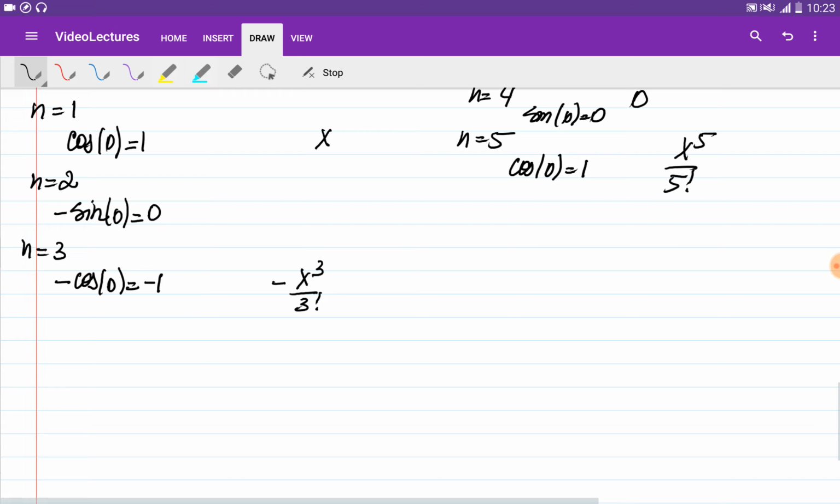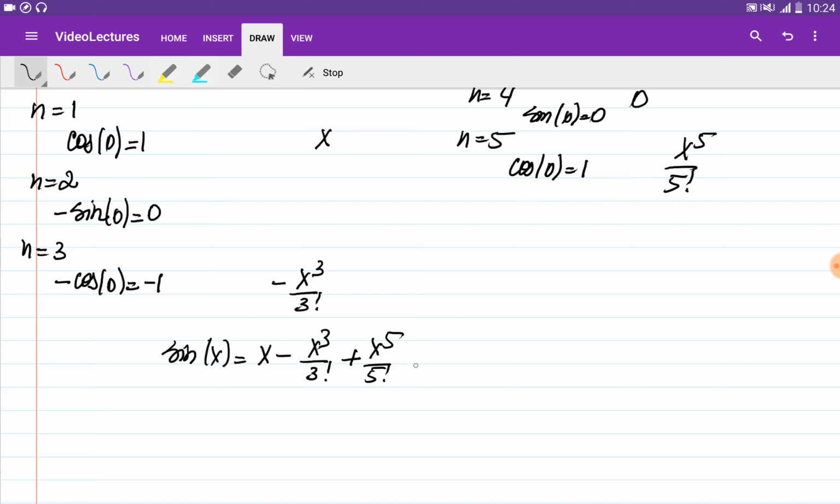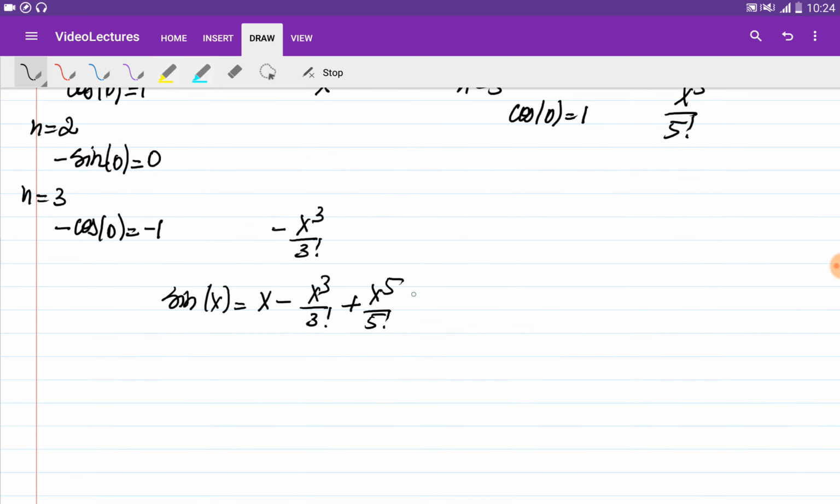So you might guess that sine of x can be written in the form x minus x cubed divided by 3 factorial plus x to the 5 divided by 5 factorial. So the next term is, again, an odd power of x, but it comes with the minus. It's going to be x to the 7 divided by 7 factorial, then plus x to the 9 divided by 9 factorial, and so on.